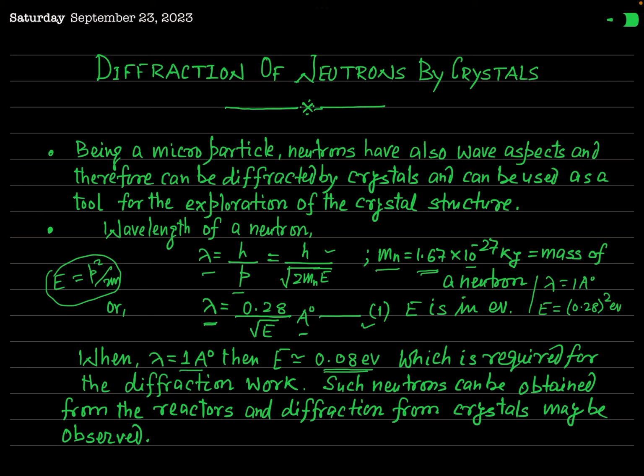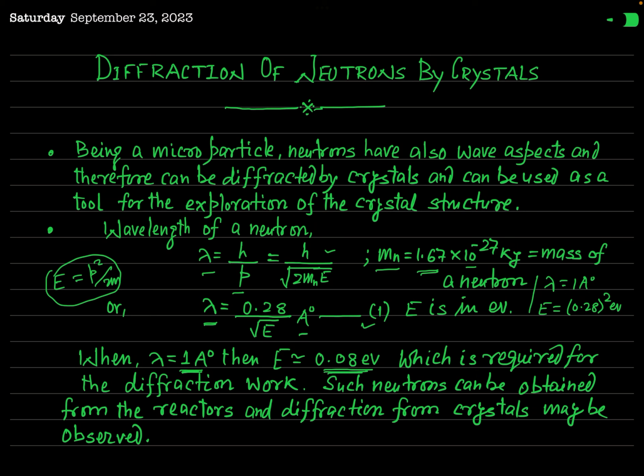And you know why I have taken this lambda equal to 1 angstrom? Because you have seen in the earlier lectures that this wavelength is the most suitable wavelength for diffraction work. Okay. And so if your aim is to do the diffraction experiment of neutron by crystals, you should take the neutrons of wavelength 1 angstrom, and for this you will need neutrons of energy 0.08 electron volt.